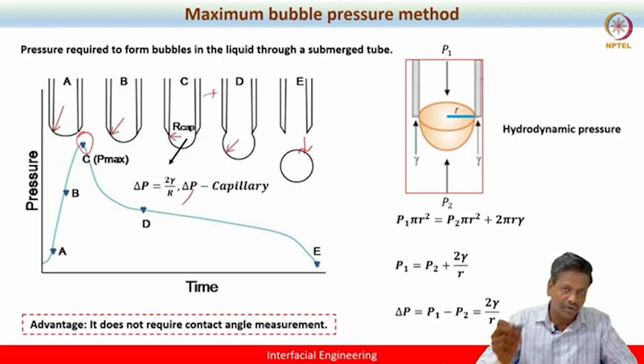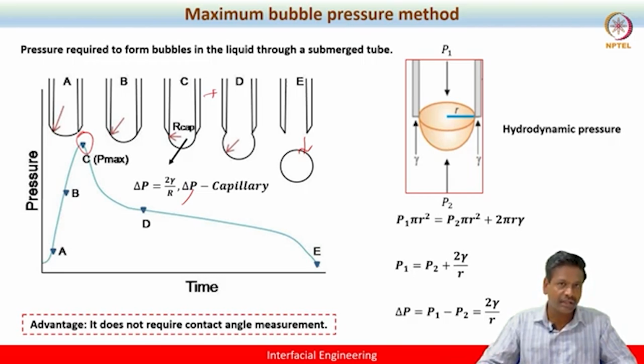as you increase the pressure, the bubble wants to get released from this tube. But on the other hand, there is also surface tension, which pulls back.